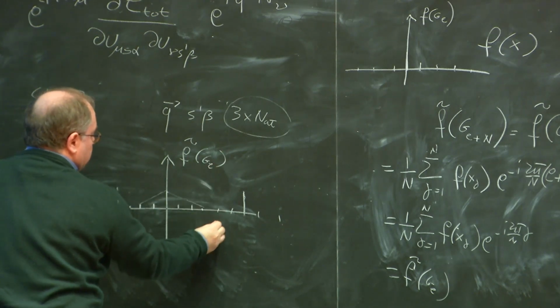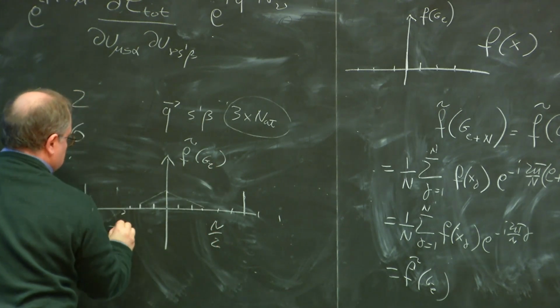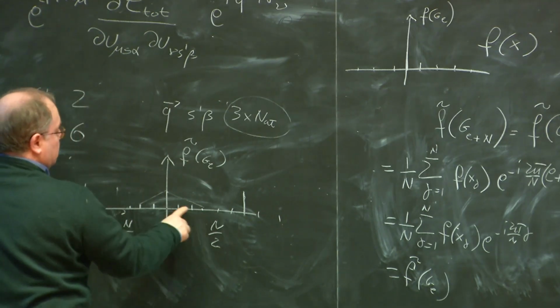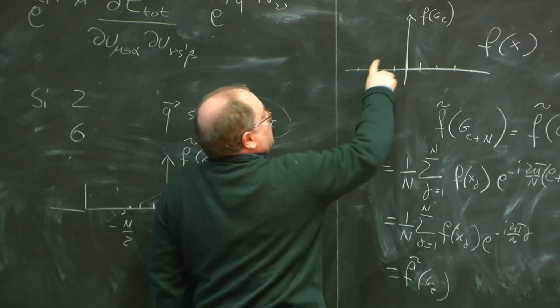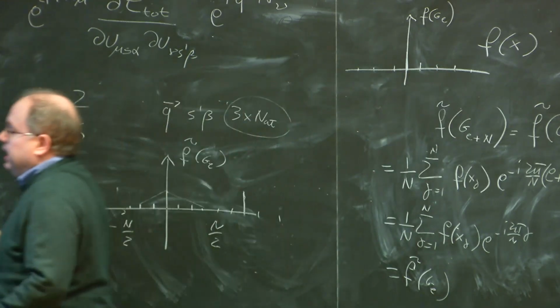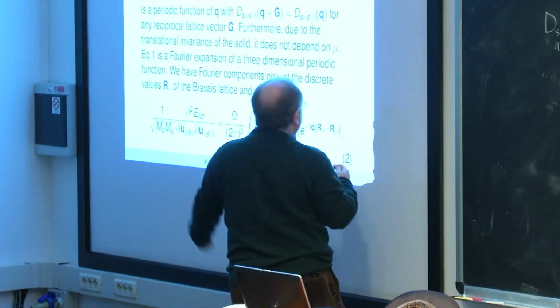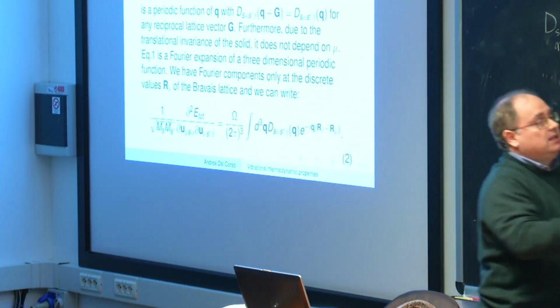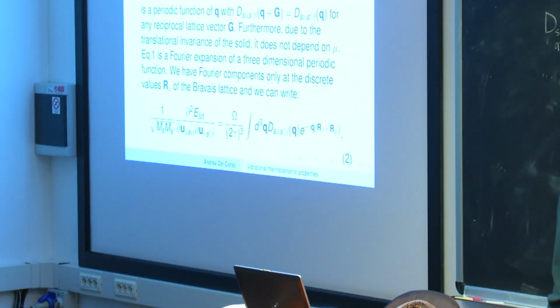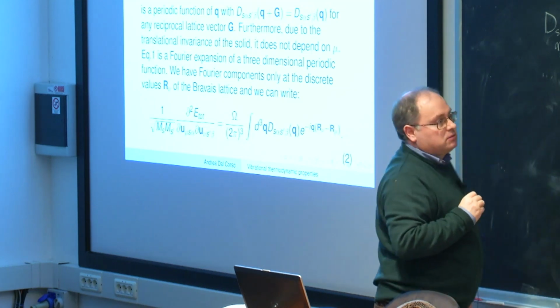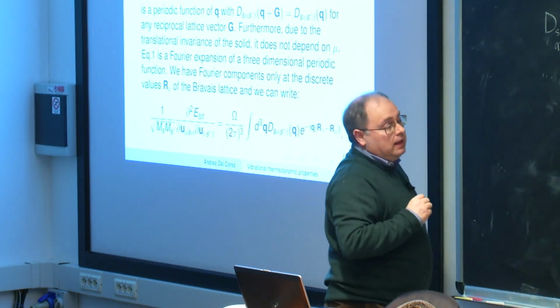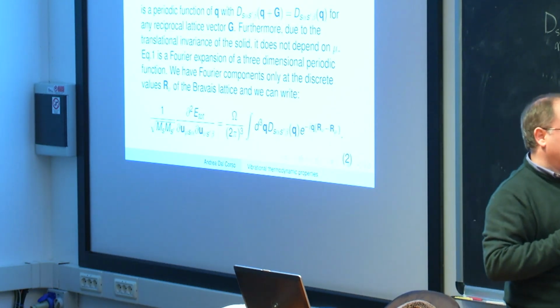So from minus n divided by 2 to n divided by 2, the real Fourier transform went to 0. So if we take a grid of Q points such that the interatomic force constants outside this range are 0, well, with this function that becomes periodic after n, we can approximate well the real Fourier transform, so the real interatomic force constant. Otherwise, we have what is called the aliasing error.